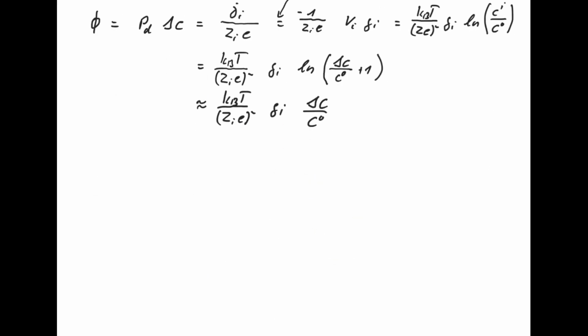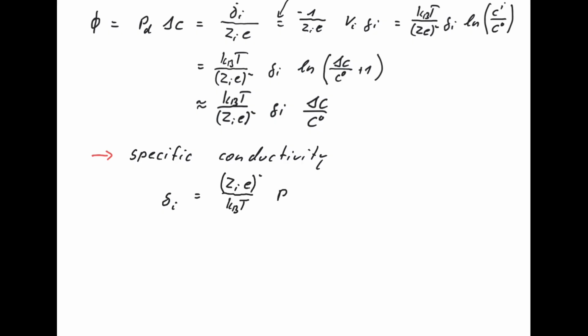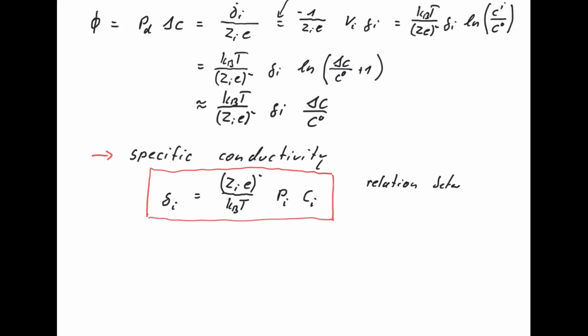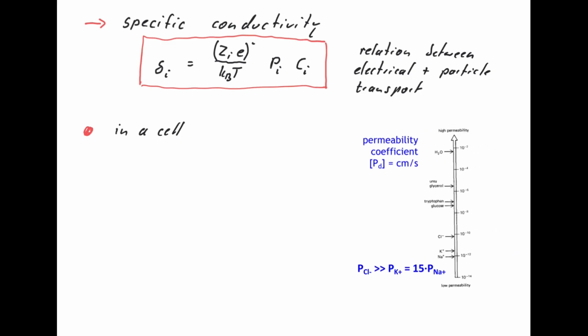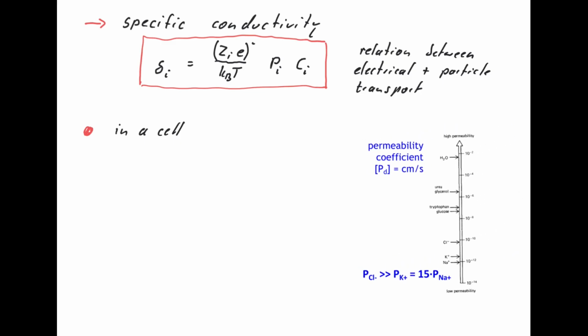Now solving for the specific conductivity Gi, we find that Gi is equal to Zi e squared divided by kBT, Pi times Ci. Now applying our finding to the situation in the cell, we see that the specific conductivity is proportional to the specific permeability of the ions.